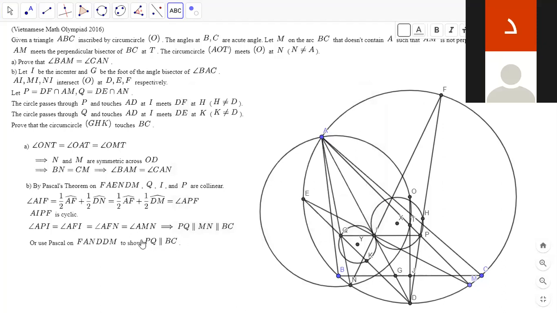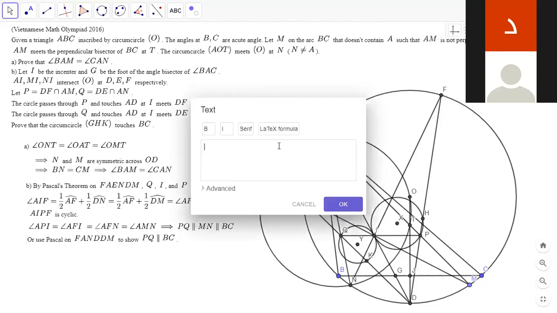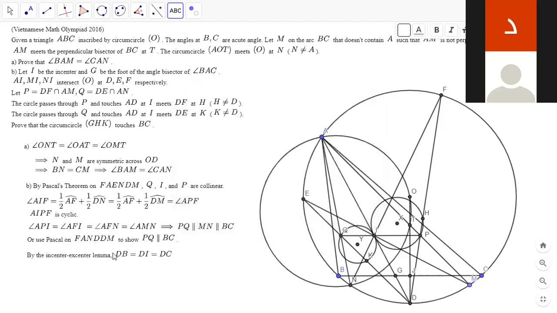And then once we know that, I'll use the incenter-excenter lemma. By the incenter-excenter lemma, DB equals DI equals DC. Then consider an inversion phi centered at D with radius DI.